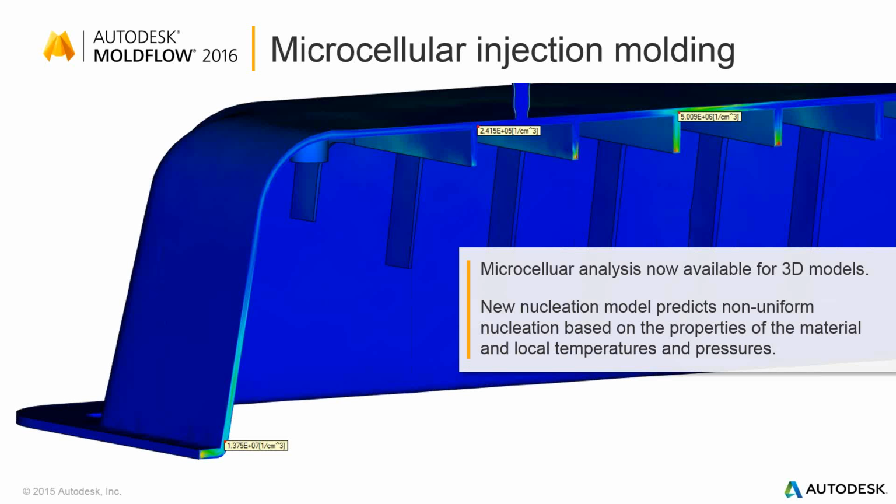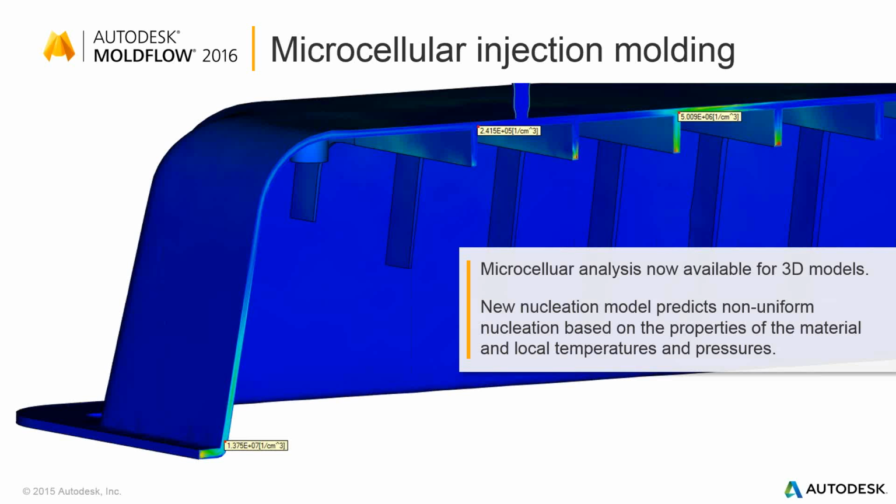We also added the new MuCell capabilities into our 3D code. So in case you are working with more chunky parts, or parts that have a big transition between thin and thick walls, the new 3D MuCell code might be something you want to look into as well.